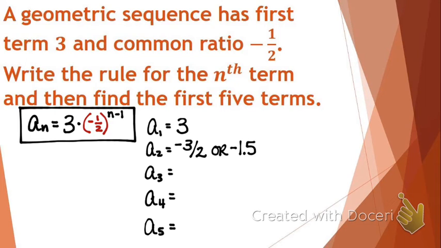What would the third term be? 3/4. Or positive 0.75. What about the fourth term? -3/8. And what about the fifth term?